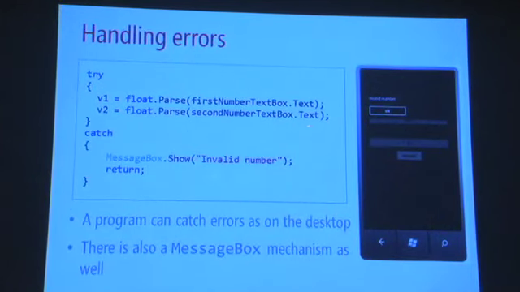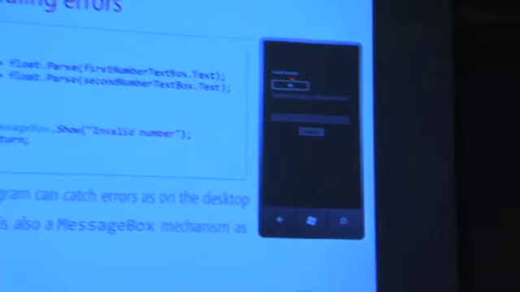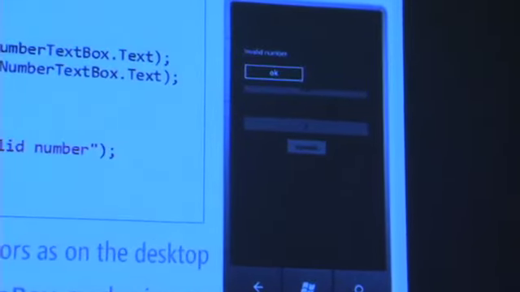So where you're trying these different things. So if it's not a float number, then it will catch it and say invalid number. Right? So basically, if these pass true, then it'll pass that. So again, try catch. What ends up happening is that MessageBox.Show is this thing called invalid number.